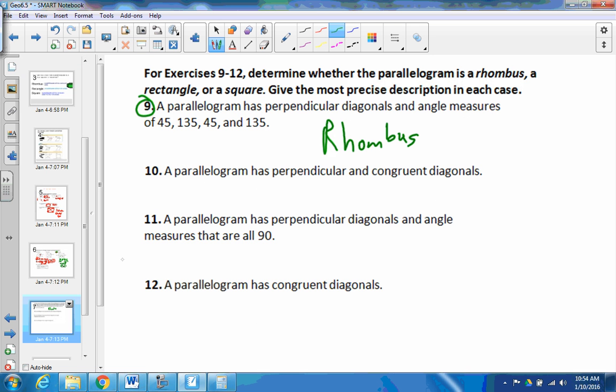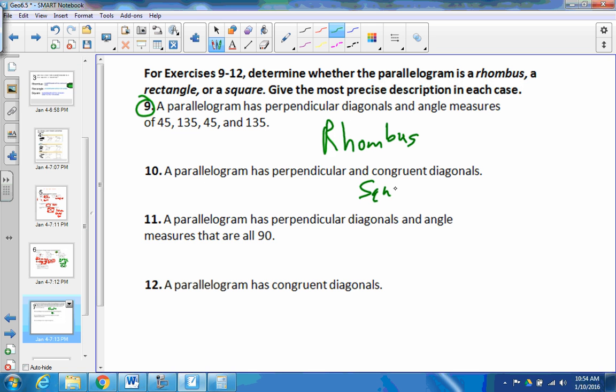All right. Yep. A rectangle has perpendicular diagonals, so there again it's a rhombus, and angle measures that are all 90 degrees. Ah, so that is a rhombus, it's also a rectangle, which means that it would be a square.